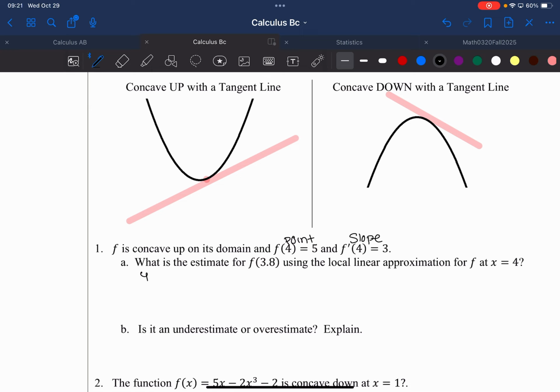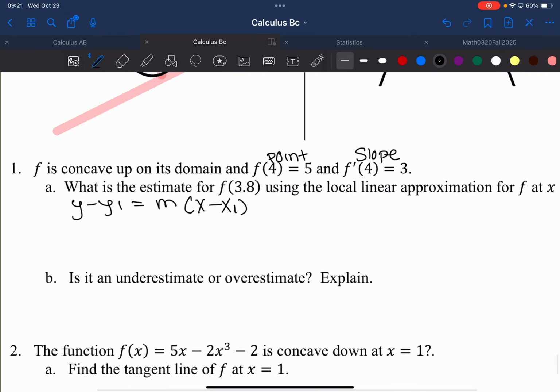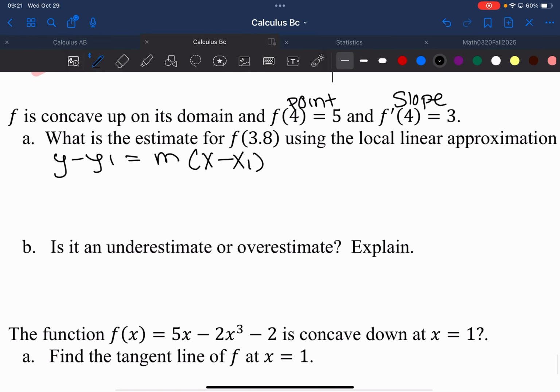So we can do y minus y1 is equal to m times x minus x1. Our point here is 4, 5. So this is y minus 5 is equal to, and what's our slope? 3. And then we have x minus 4.